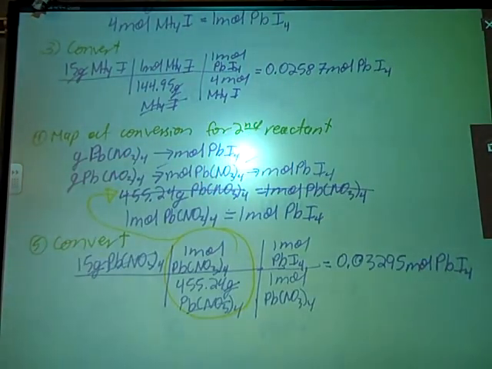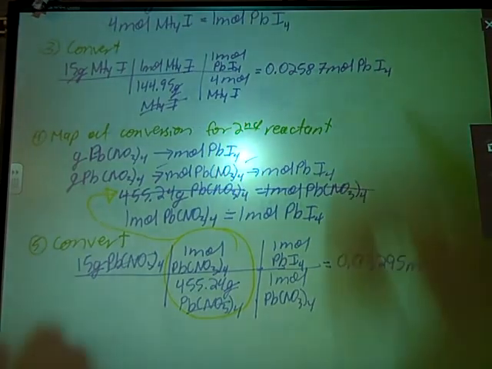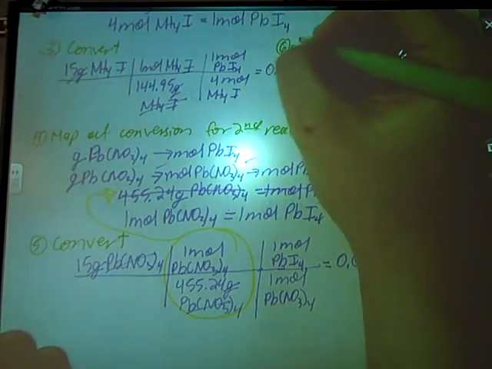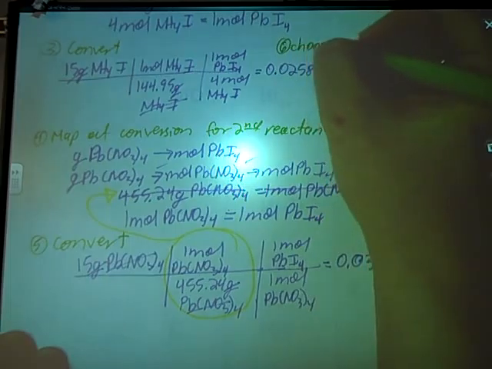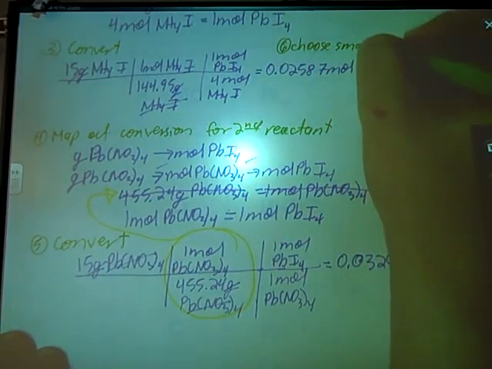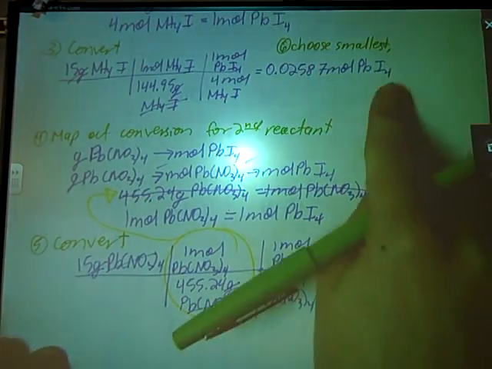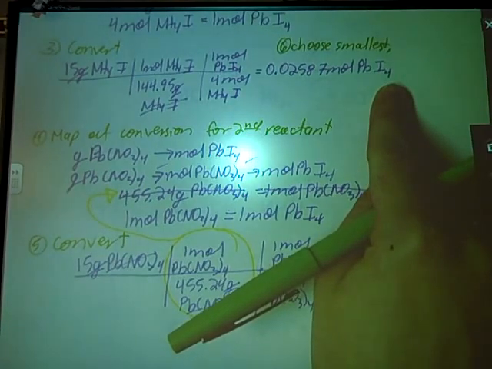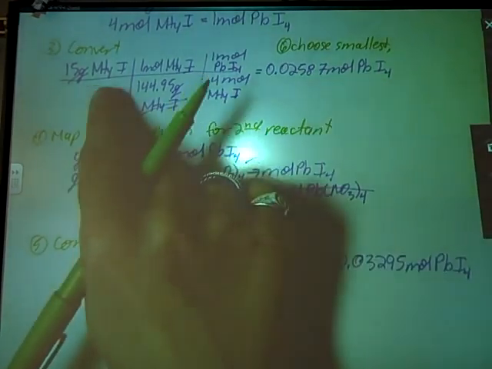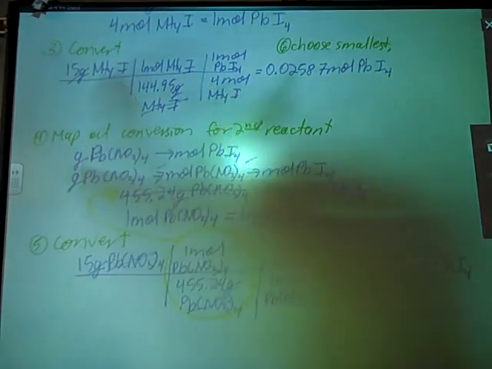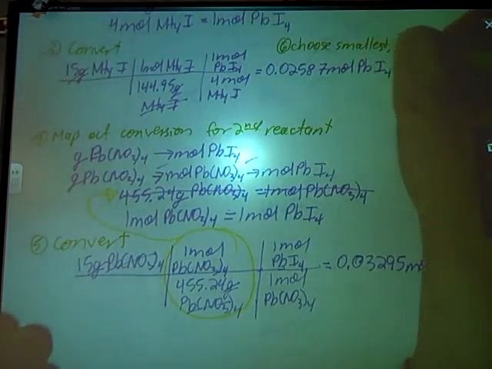This is the smaller of the 2. So step 6 is to choose the smallest. And the reactant that gave you that smaller value, that is your limiting reagent. So ammonium iodide is in fact my limiting reagent.